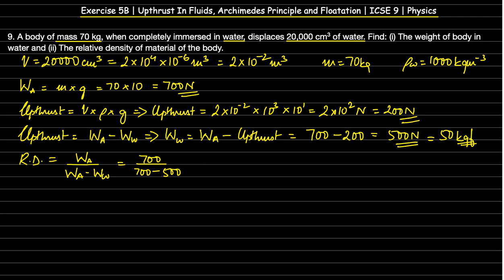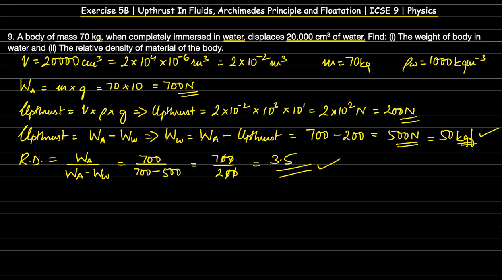So we get this as 700 divided by 200, 0 cancels. So 7 by 2 is nothing but 3.5. Remember, relative density does not have any unit, so please don't write any unit here. So we have got both the things, the relative density of material of the body, we got it here, and the weight of the body in water, we got it here.